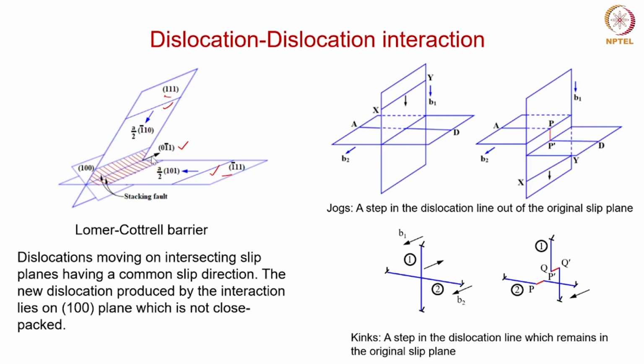So now as you could see from here, as these two dislocations meet on this intersecting line, the new dislocation which is generated due to this particular interaction will lie on the 100 plane, as you could see from here. Now, since 100 planes are not the close packed planes in the FCC lattice, this dislocation will find it difficult to move freely.